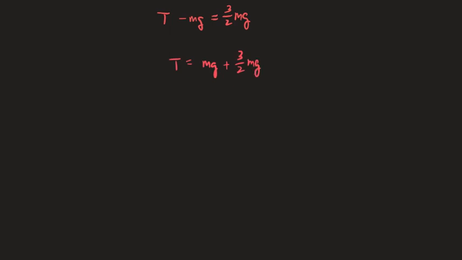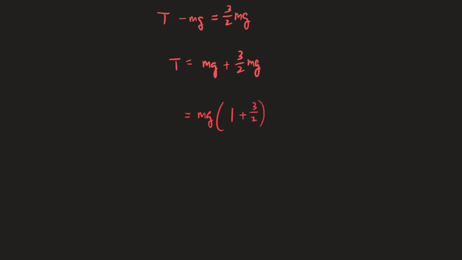Now look, I know some of you struggle with algebra. I know it. One of the reasons you struggle is you refuse to write out enough steps, but you also refuse to see things that can be combined together. This is 1 mg plus 3/2 mg. If it bothers you, factor out the mg. Now it's just 1 plus 3/2.